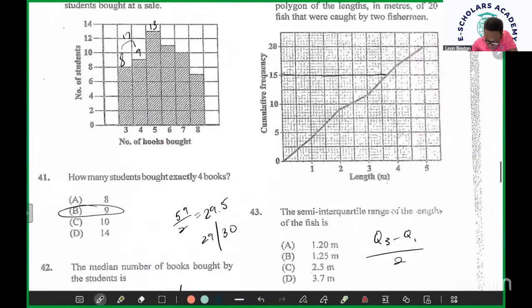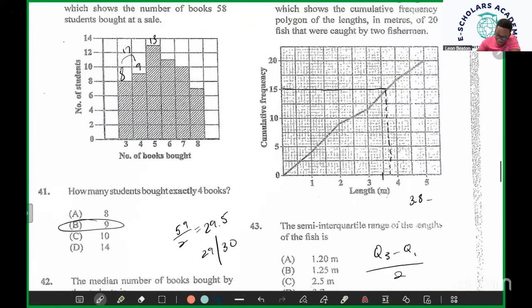Well, let's hope this thing is better on CXC day. So we come down. That looks like 3 point something. We can estimate here. This is 3.5. This looks like 3.8, right? We can estimate 3.8, subtract Q1, which is the 5 here. We come across the 5 and we come down here.